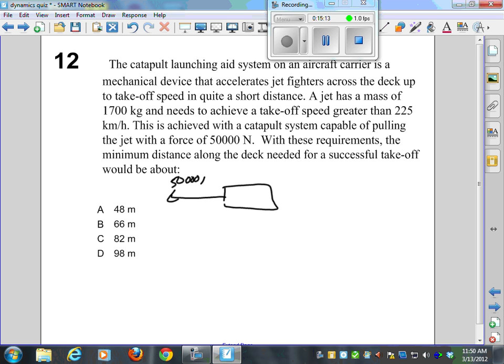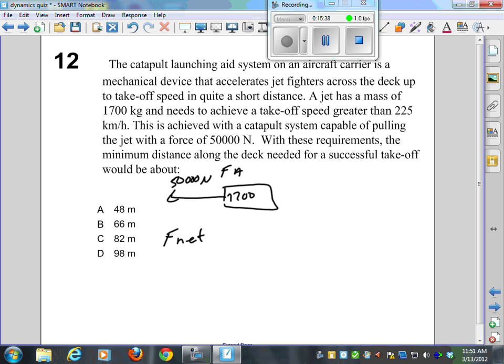50,000 newtons. Do you think friction plays much when you're pulling with 50,000 newtons? I don't think so. The mass of the jet is 1,700. With the mass and the net force, because this is the applied force, right? And there's no friction here; it's so small that it's meaningless. With the mass and the force, can I get the acceleration? Yes, I can.